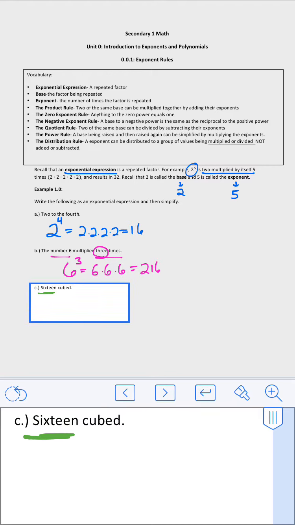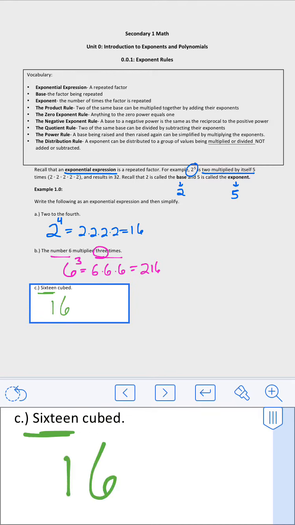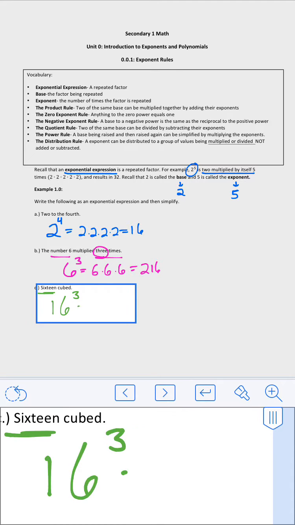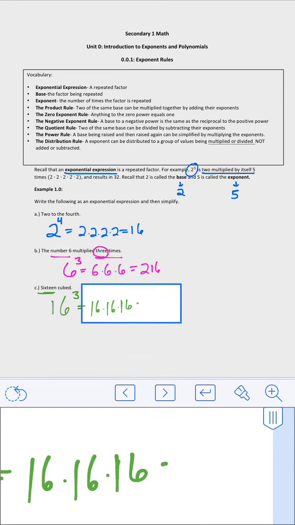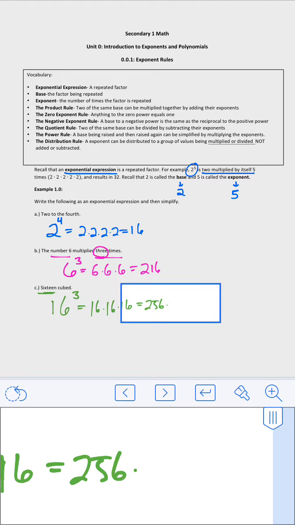Not always, but most of the time. So 16 will be our base. And then it's cubed, and think cube has 3 dimensions, right? Cube is a 3-dimensional object, so that's the same thing as times itself 3 times, or to the 3rd power. So 16 times 16 times 16, that's what that means. We could do that. 16 times 16, it's going to be 256 times another 16.